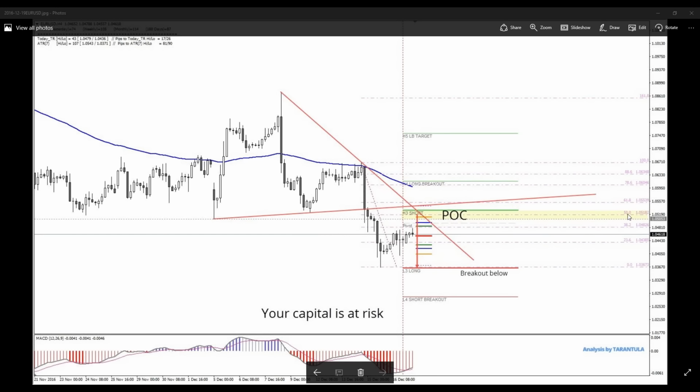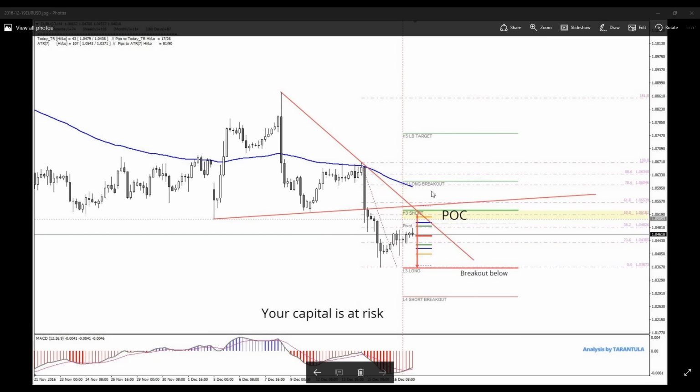We have 50 retracement, H3 and X cross. What is an X cross? For all of you who have been attending price action trading school, guys, an X cross is a trend line and pivot point cross, or a trend line and an important ATR level, or a trend line and another trend line.